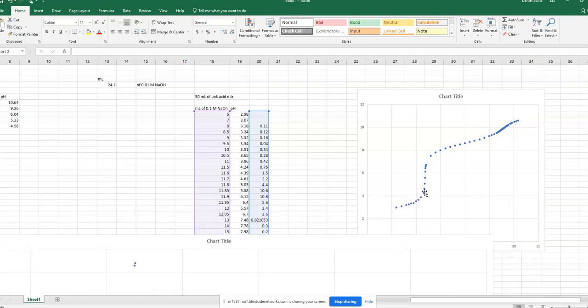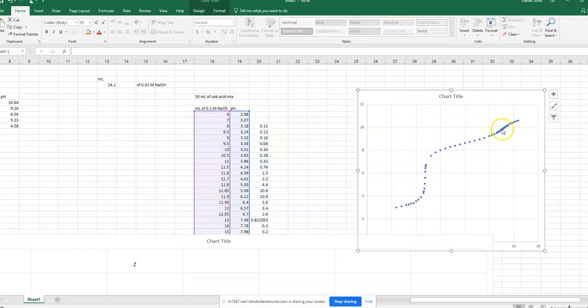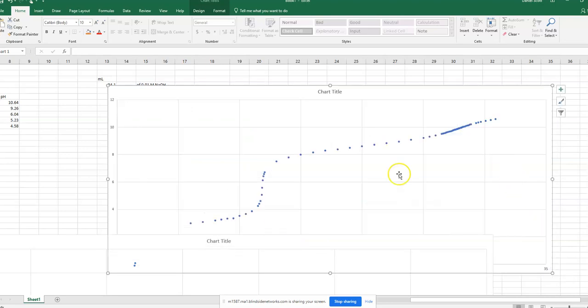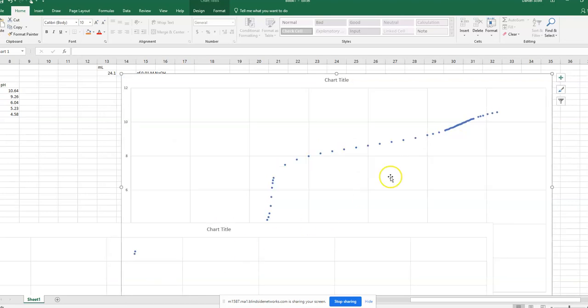This one doesn't look very good here. This one just is really low. So I would guess it's right around here.